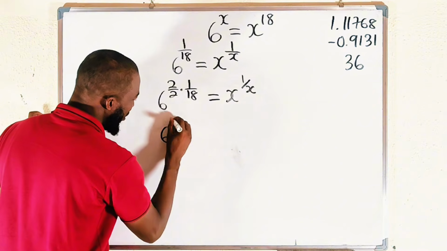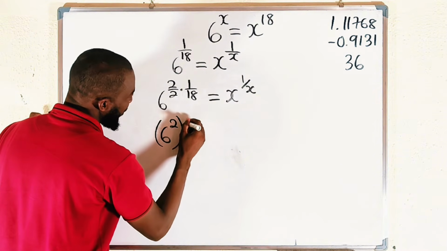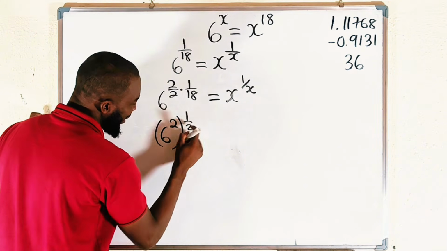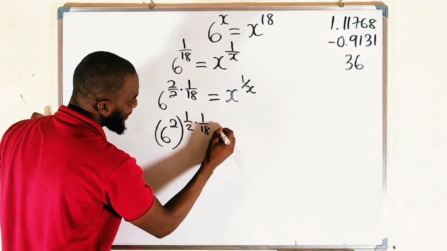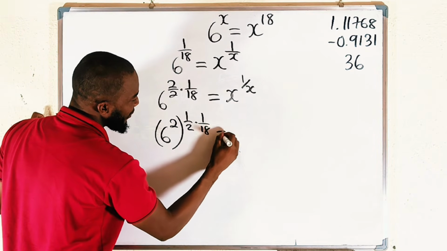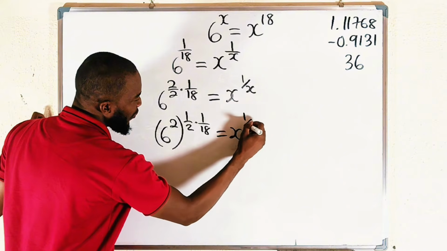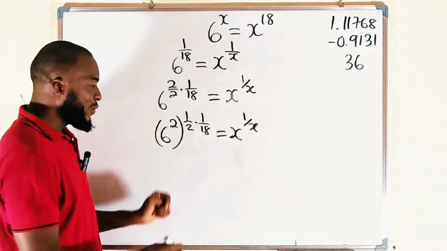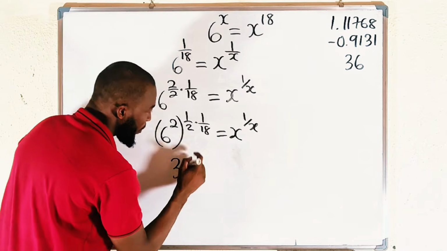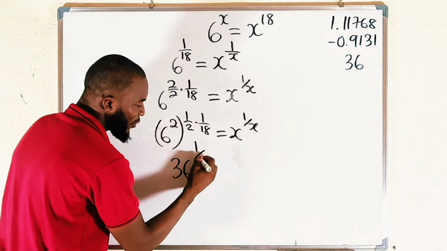Something like 6 to the power of 2, then here I have 1 over 2 left from this 2 over 2 multiplied by 1 over 18, and this is equal to x raised to the power of 1 over x. 6 to the power of 2 is 36. This is going to give us 1 over 36.